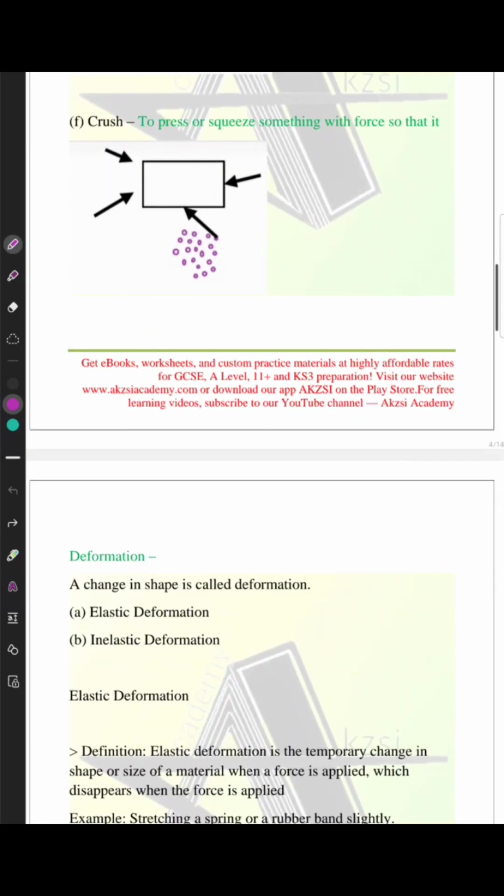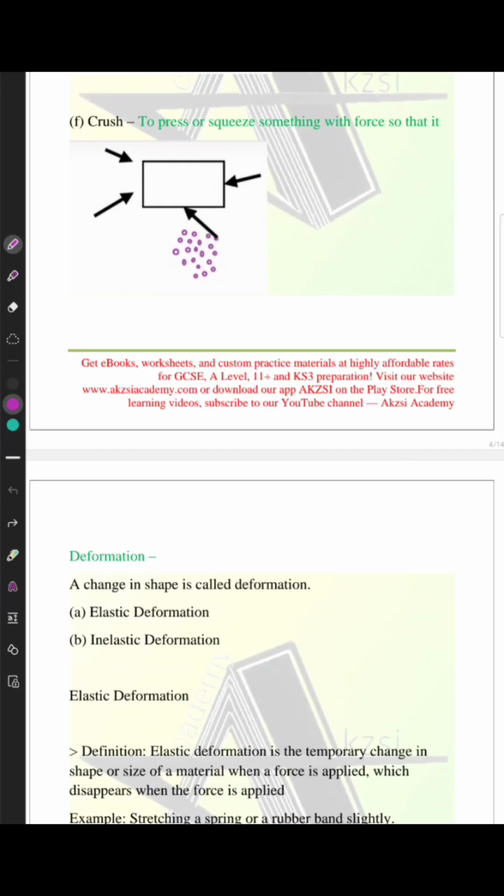And crushing. When you are pressing, squeezing with a very high force in a random direction, you'll be able to crush something. Mostly brittle materials are easy to crush. Without further deformation, you will be able to bring it to the breaking point.